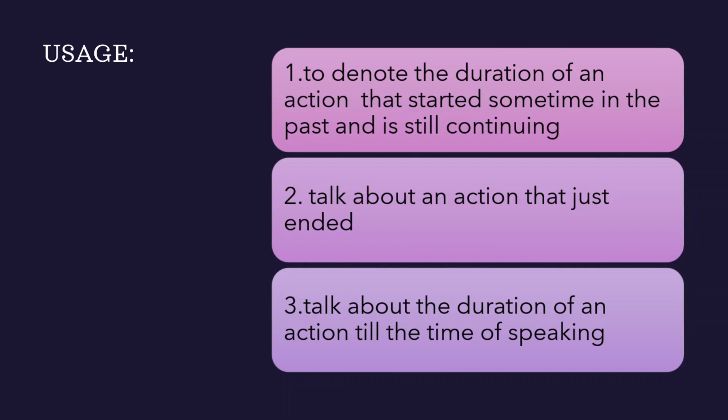I'm repeating. The police has been chasing the robbers for the last 2 months. Here the duration of the chase is important and therefore it is written in the present perfect continuous tense. And if I say the police is chasing the robbers, here I'm using present continuous tense, because this is a general statement about a continuing action.